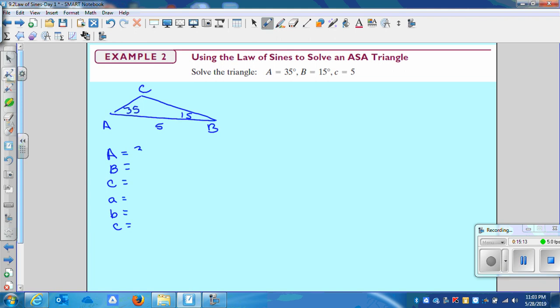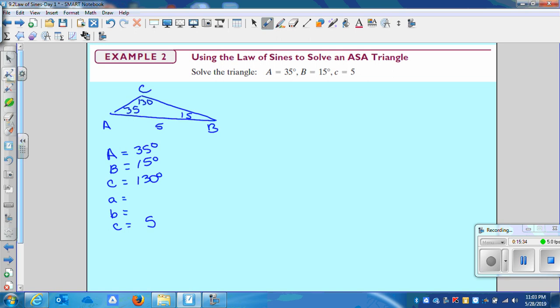And I've got the 35 and the 15. And logically, I know that angle C is going to be 180 minus 50, which is 130 degrees. So I could add that into my picture if I want to. And then I also know that the side across from angle C, which is the lowercase c, is a 5.